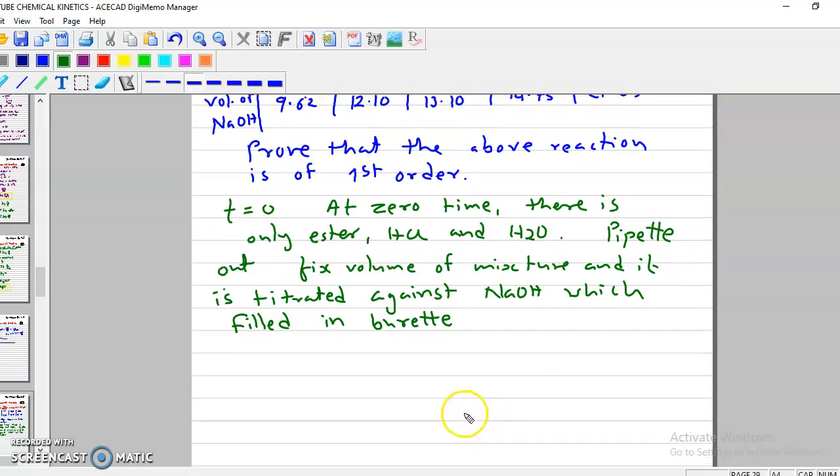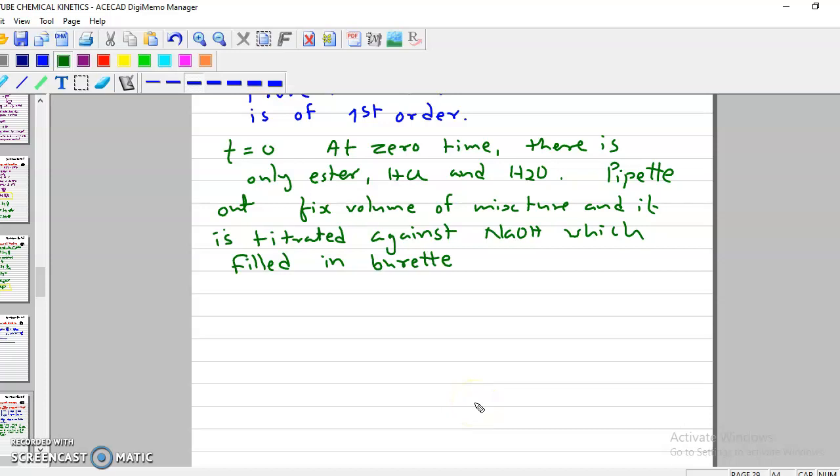Now you know that the reaction mixture contains only ester, water and HCl, and this mixture is titrated against NaOH. So the reaction will be like this: ester plus HCl react with NaOH from the burette.